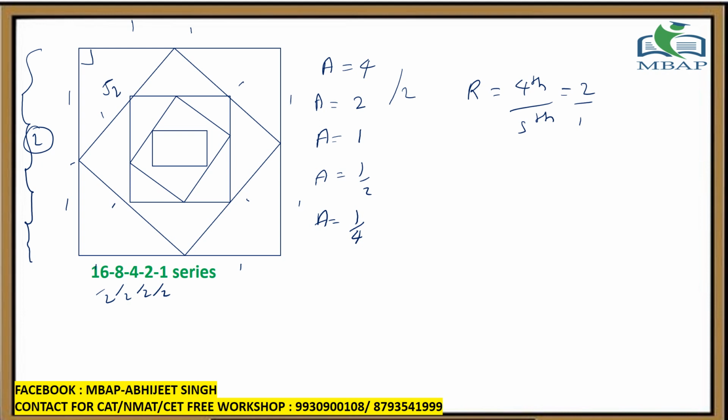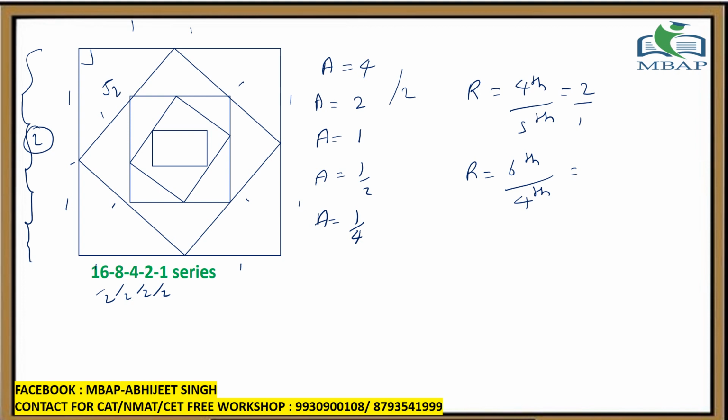If I ask you to find the ratio of the sixth square to the fourth square, what is that going to be? Now you know the ratio of the fourth square to the fifth square is nothing but half, and fifth to sixth is again nothing but half.